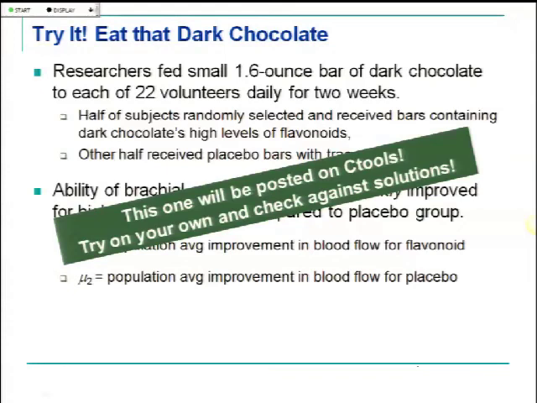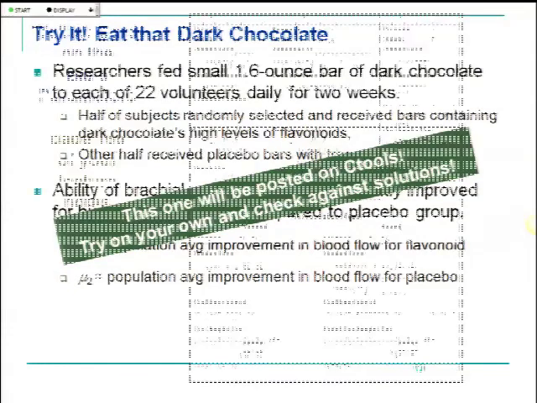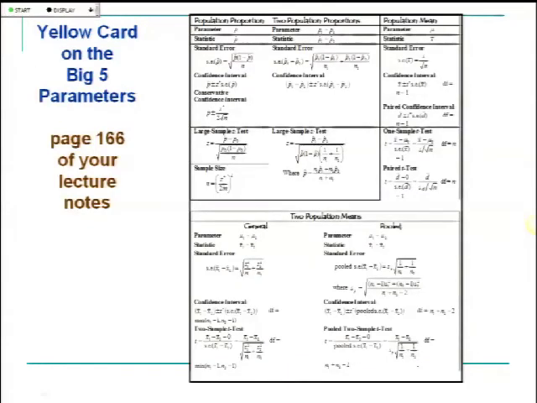Check your solutions. What we're going to do is turn to our 5 scenarios and start picking the right one for different questions asked. Page 166 has that full part of your yellow card. Look at all the formulas that are there.